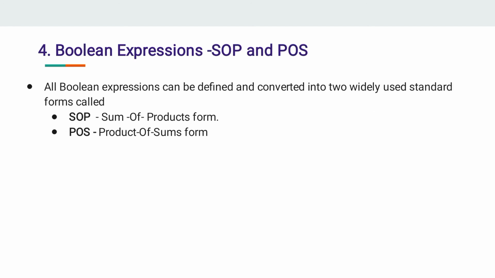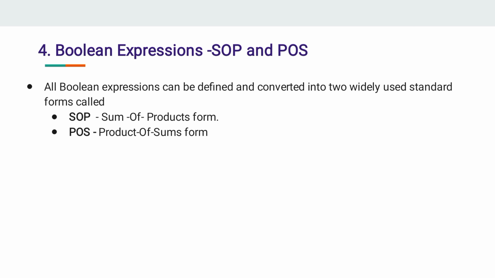So let's see the next topic, Boolean expressions, SOP and POS standard forms. All Boolean expressions can be defined and converted into two widely used standard forms. So two standard forms are there, that is SOP and POS. SOP is nothing but sum of products.